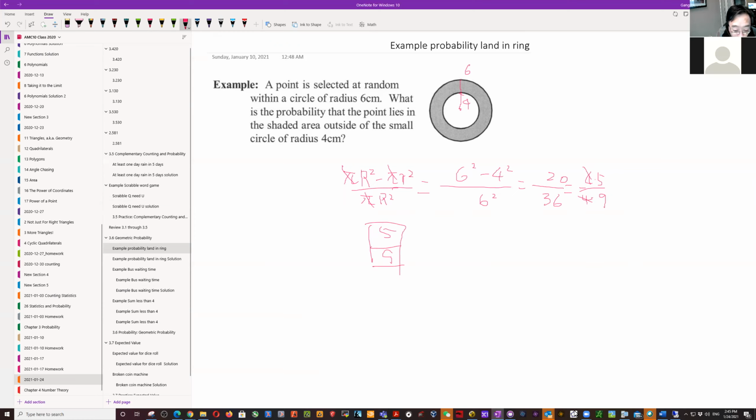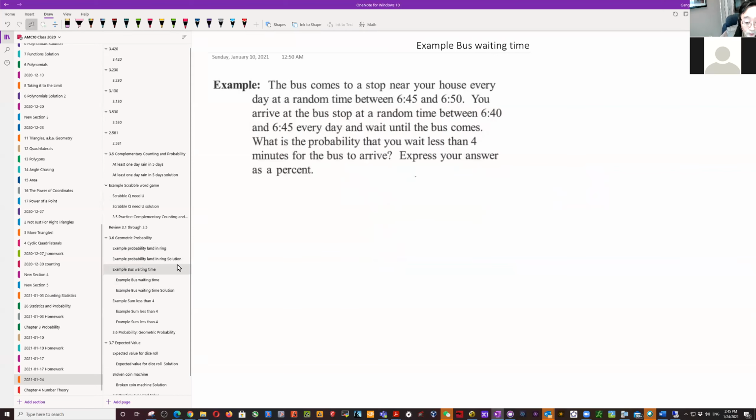And so let's also see this bus waiting time problem. The bus waiting time problem is that the bus comes to a stop near your house at a random time between 6:45 and 6:50.